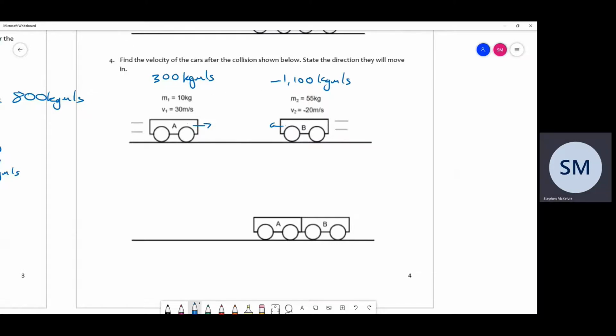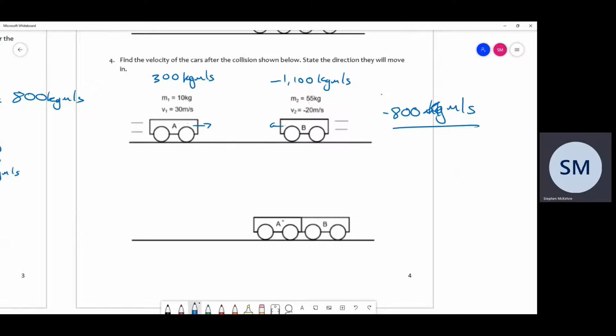So my total momentum then is 300, take away 1,100, negative 800 kilogram meters per second. That's the total momentum beforehand.